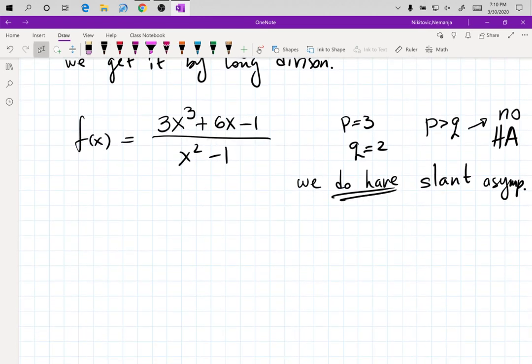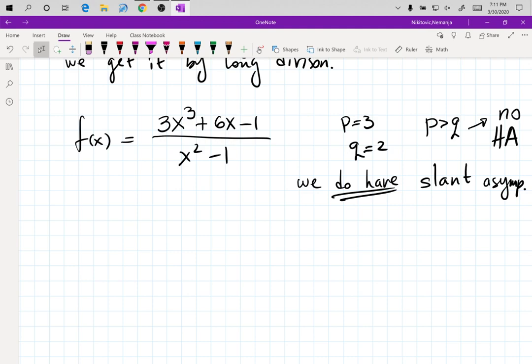And as I said, you're supposed to do long division of polynomials to get it. So now we use 2.4, long division of polynomials. If you don't know it, you have to go back to 2.4. And in this case, we're going to take a look at this.